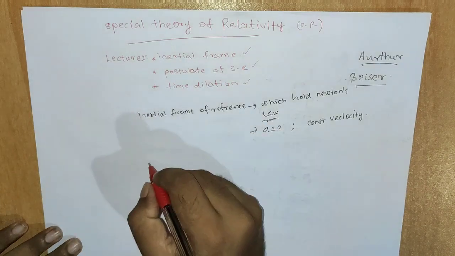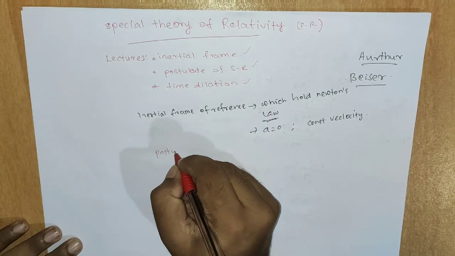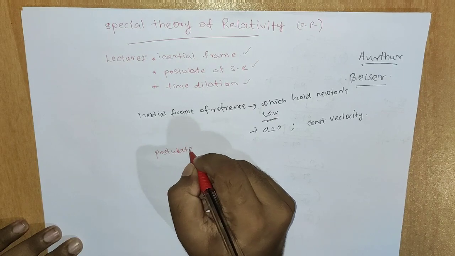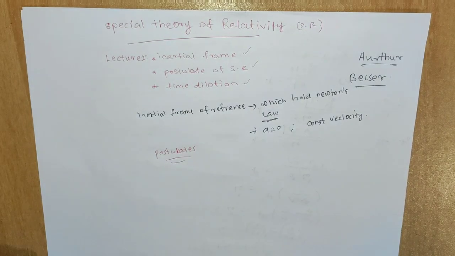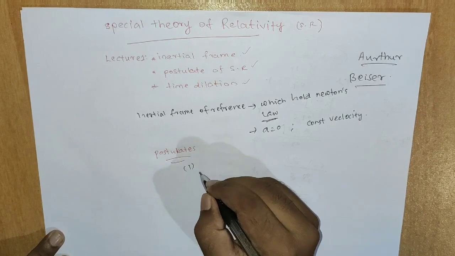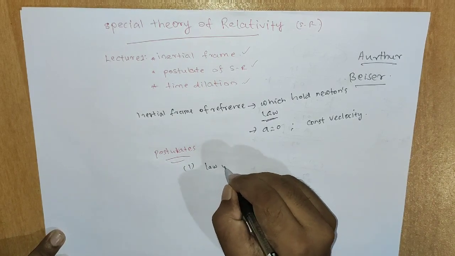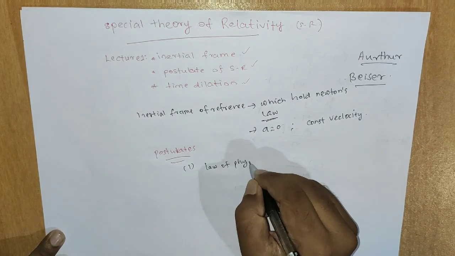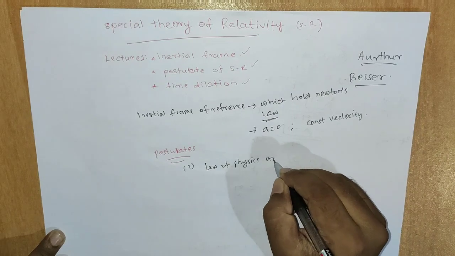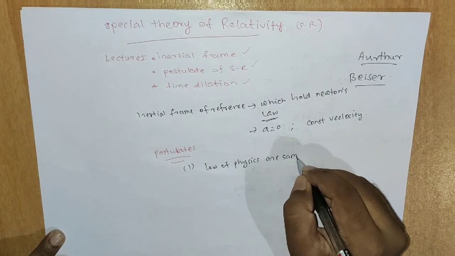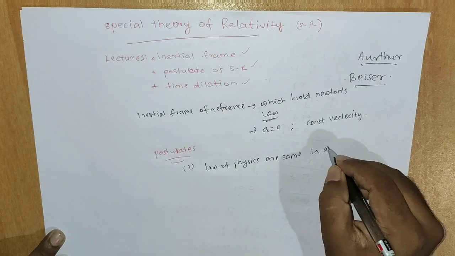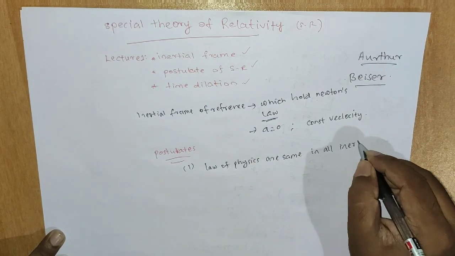Postulates. There are two postulates of special relativity by Einstein. First one is that laws of physics are the same in all inertial frames of reference.